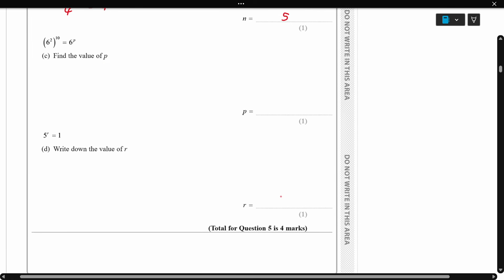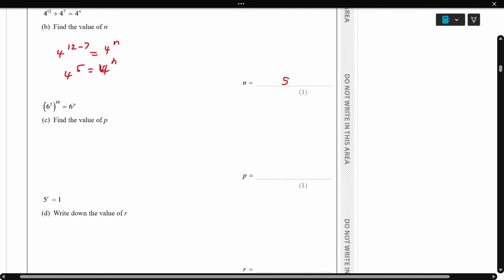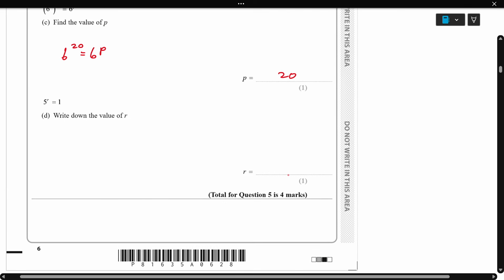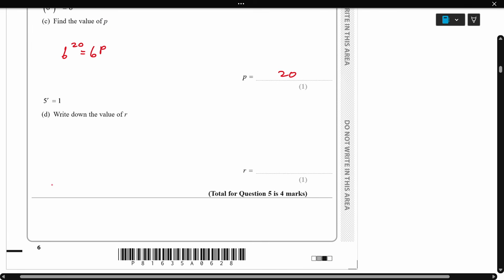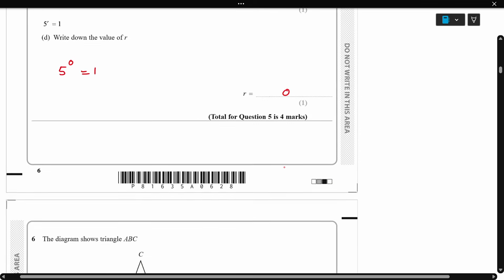Next, a power of a power, we multiply: 6 power 20 equal to 6 power p, so p equal to 20. Next, write down the value of r. Any number power 0 is 1, so r equal to 0.